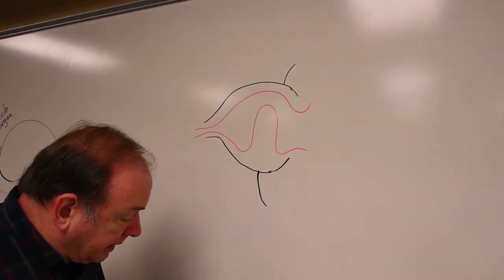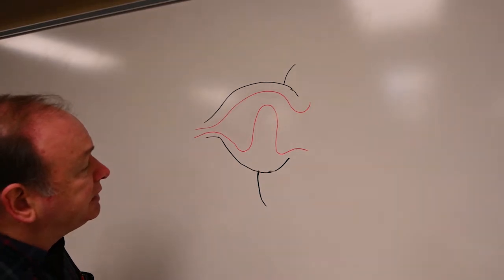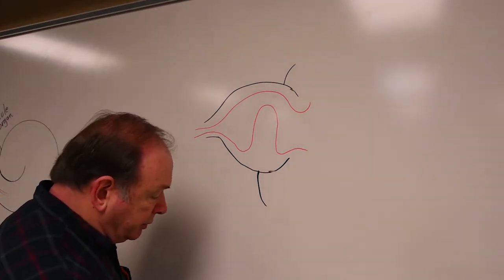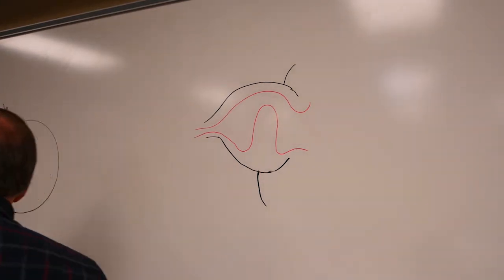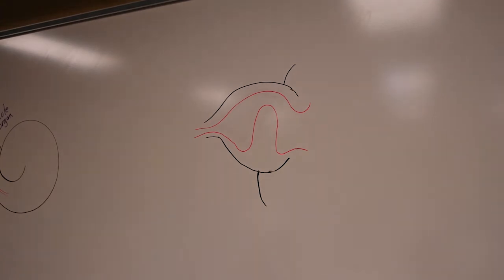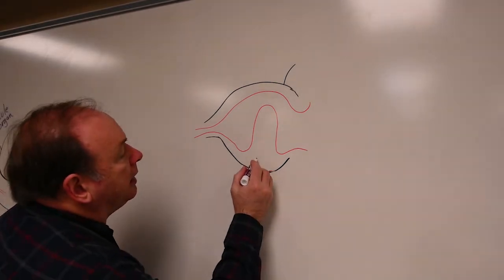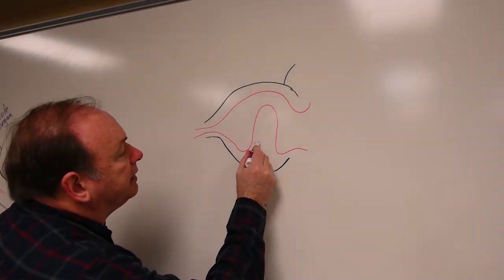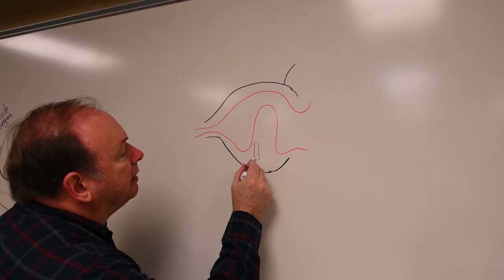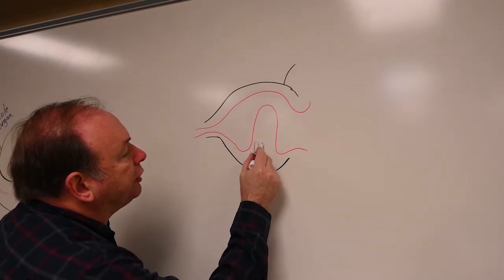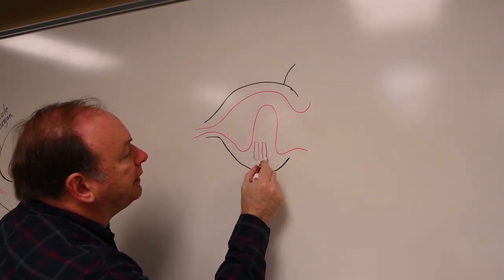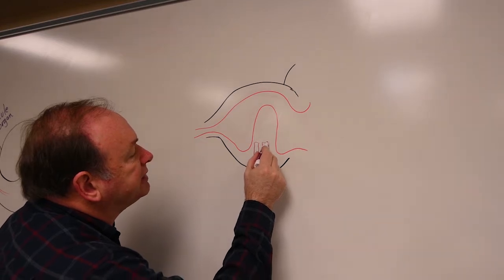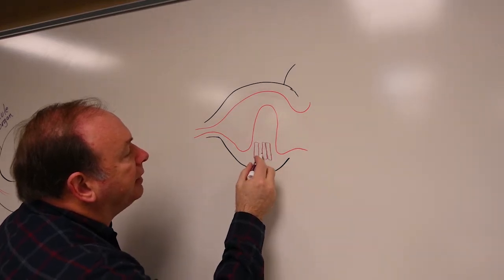Now within that, there are cells. Let me put those in a different color here. I'll just draw a few of them in here. These are the primary sensory cells called hair cells.